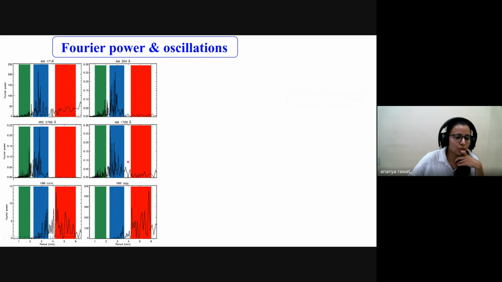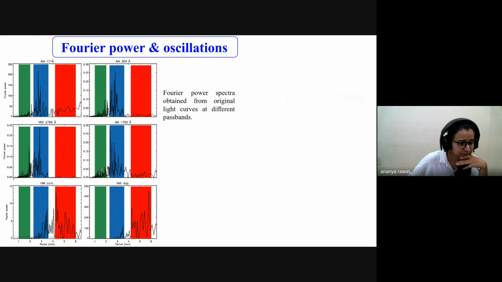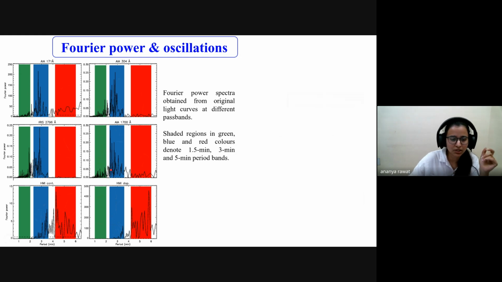Then as we move up to the temperature minimum region, the 5 minute has been cut off and 3 minute is present. Apart from 3 minutes, there is 1.5 minute also present. So we have three frequencies in the solar atmosphere: 5 minute, 3 minute, and 1.5 minute. These are shaded in green, blue, and red colors.